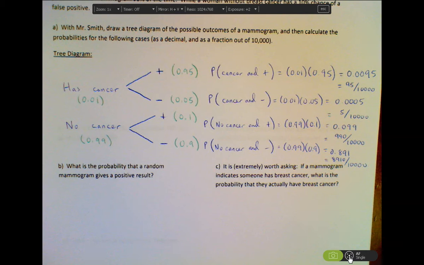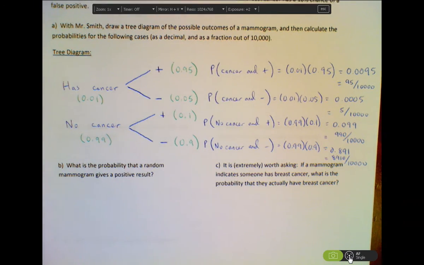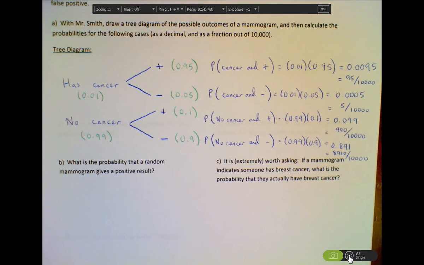All cases are there. So now that we've analyzed all the possible outcomes and the probabilities, let's look at a couple things. Because what we're really interested in is, if you actually screen positive for breast cancer, what are the chances you actually have it? So let's look at part B here. What's the probability that a random mammogram gives a positive result?